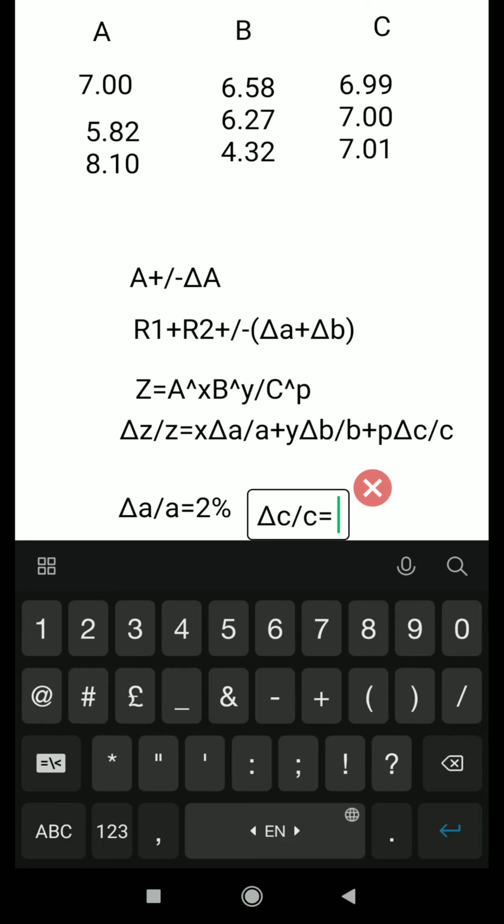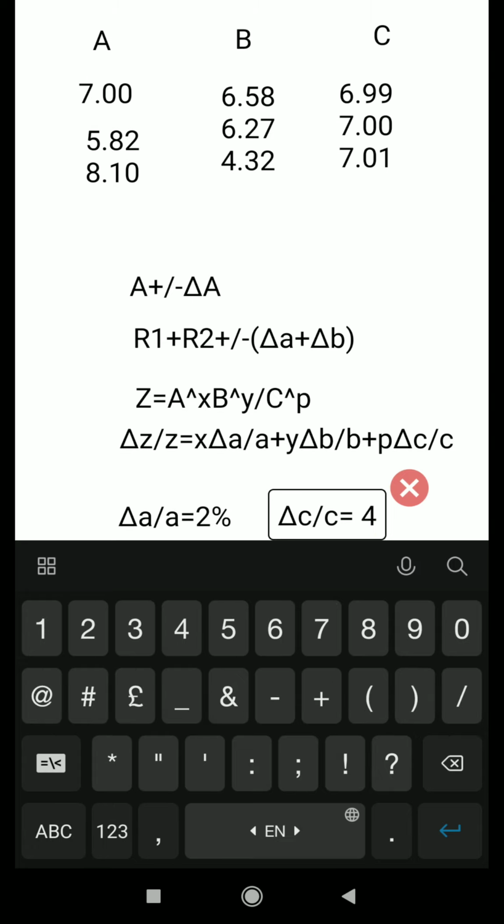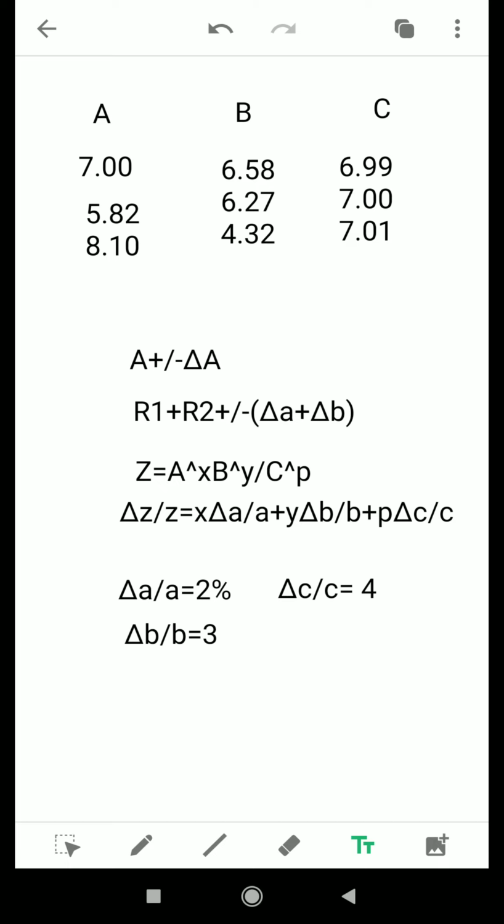Okay, so del C by C is 4%. Okay, now what is the value of del Z by Z? That is the measurement of percentage error in Z.